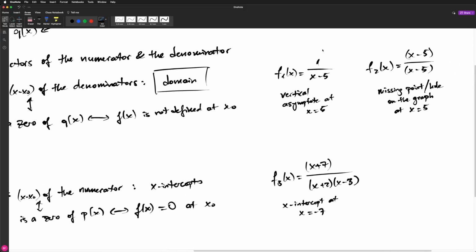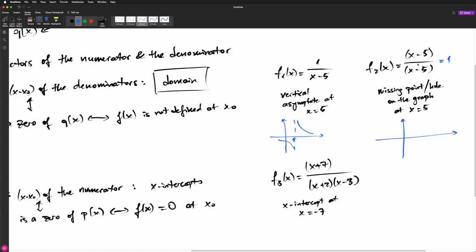So, for example, if your function is 1 over x minus 5, then the graph is the graph of 1 over x, one of the toolkit functions we're familiar with, shifted to the right by 5. So we have a vertical asymptote at x equals 5. Whereas if you have a zero that can be simplified, that just means your function is still not defined at x equals 5.